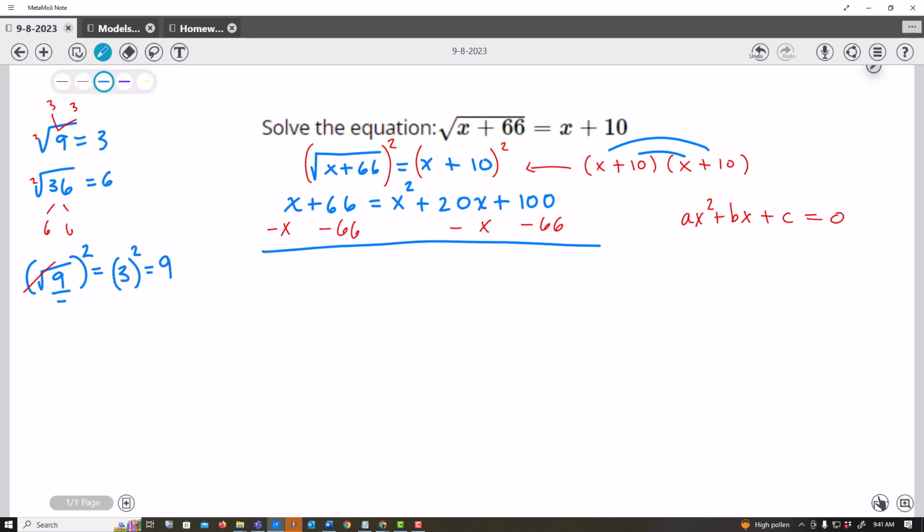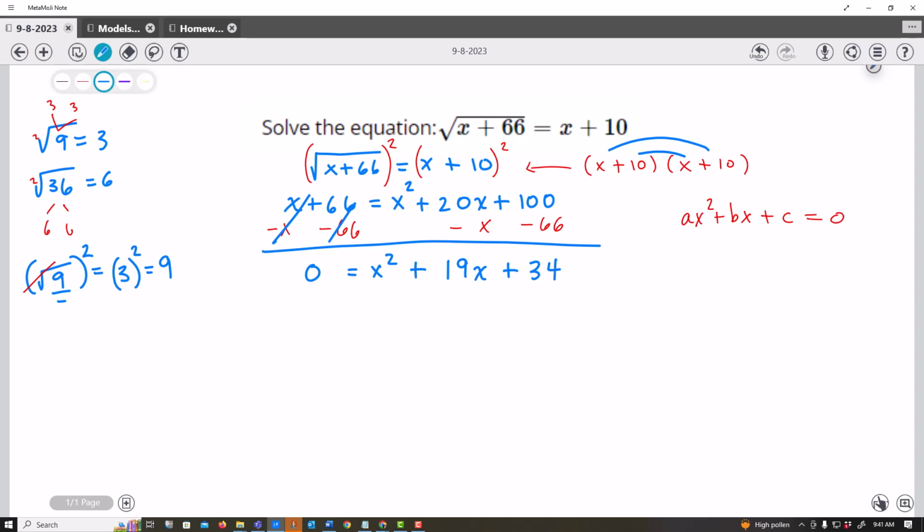And so from here now, oops, I lost my mouse. So from here I would have 0, because all of this is canceling out, x squared plus 19x plus 34.